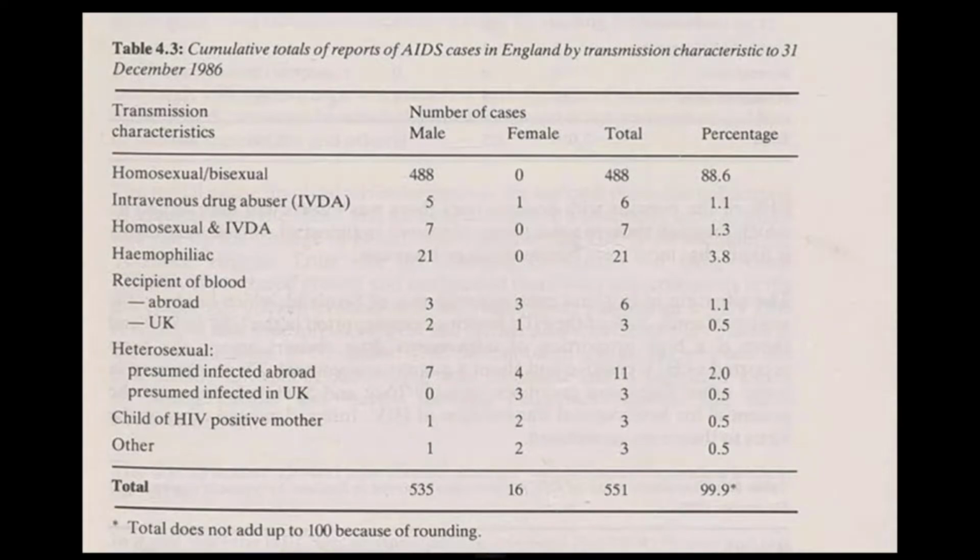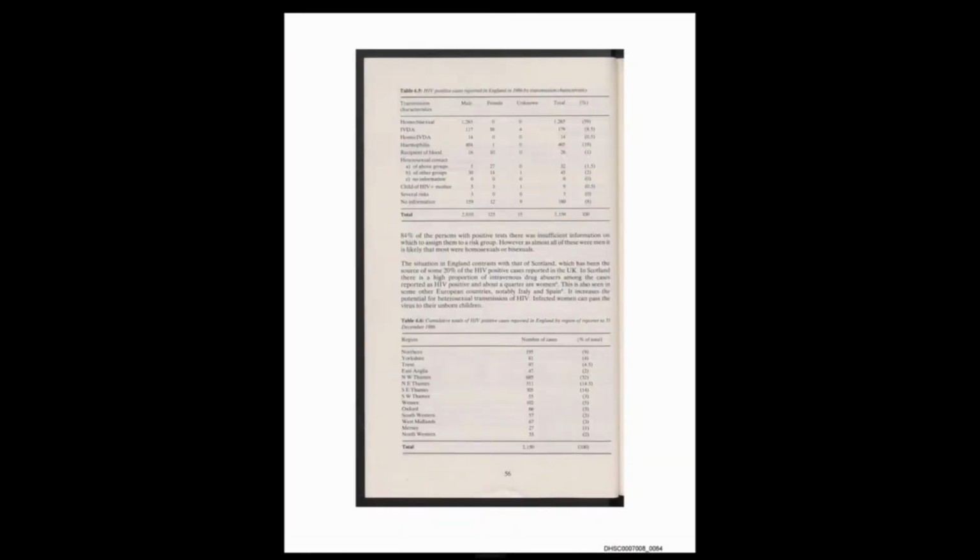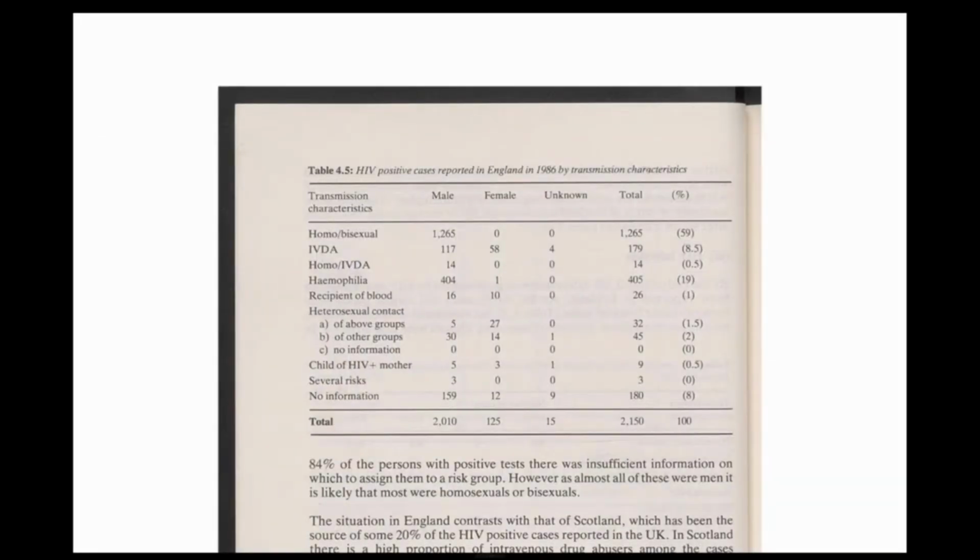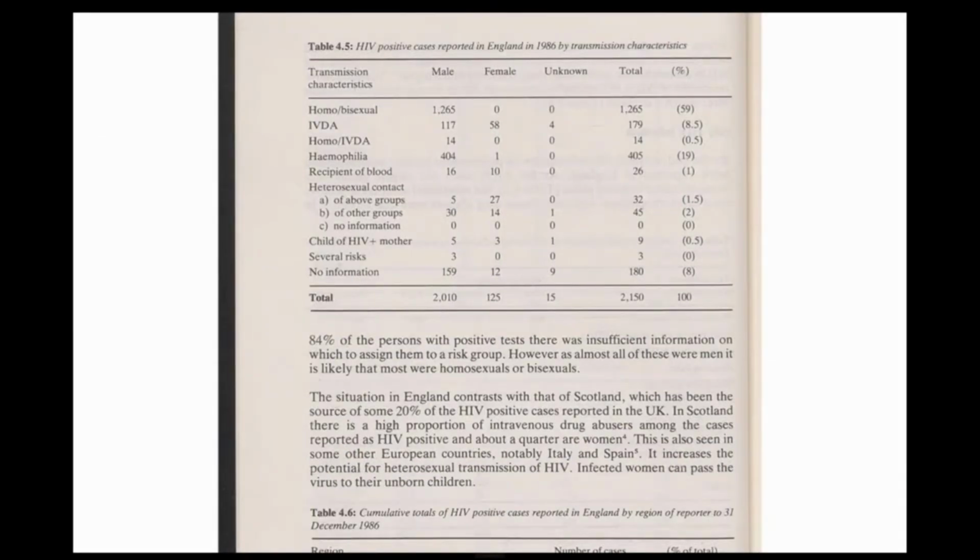Could we go to page 64, please? And look at the top of that page. And similarly, this is HIV positive cases reported in England by transmission characteristics.